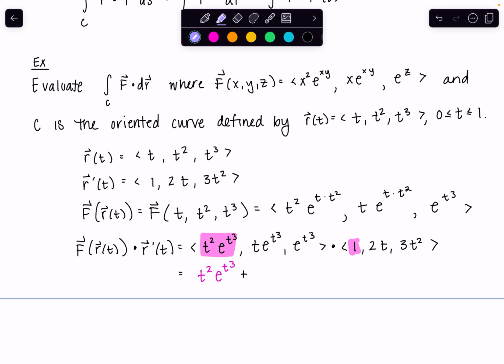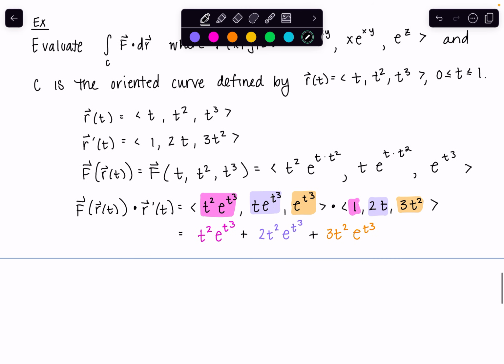Then the second component, t e to the t cubed times 2t, gives us 2t squared e to the t cubed. And last but not least, e to the t cubed times 3t squared gives us 3t squared e to the t cubed.